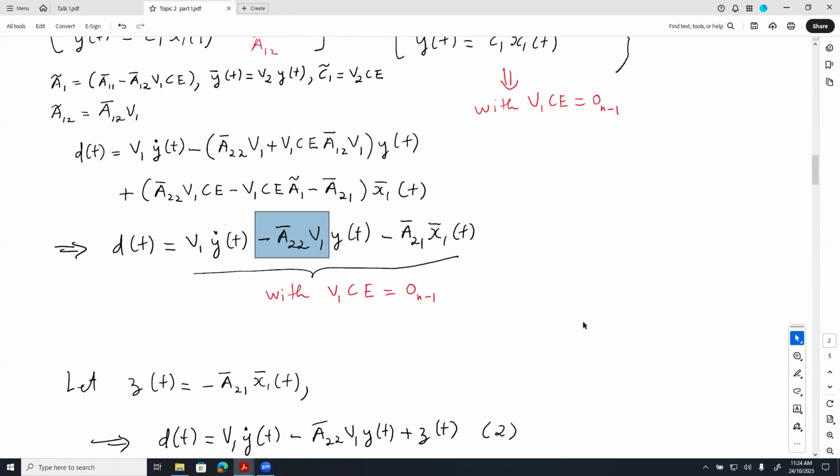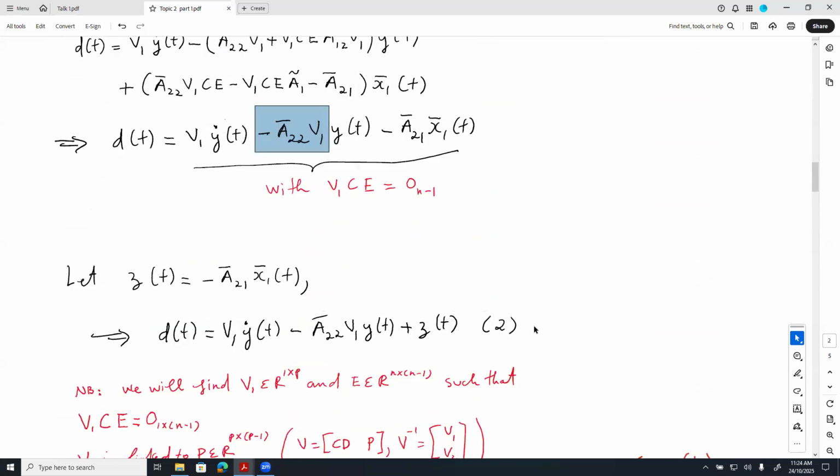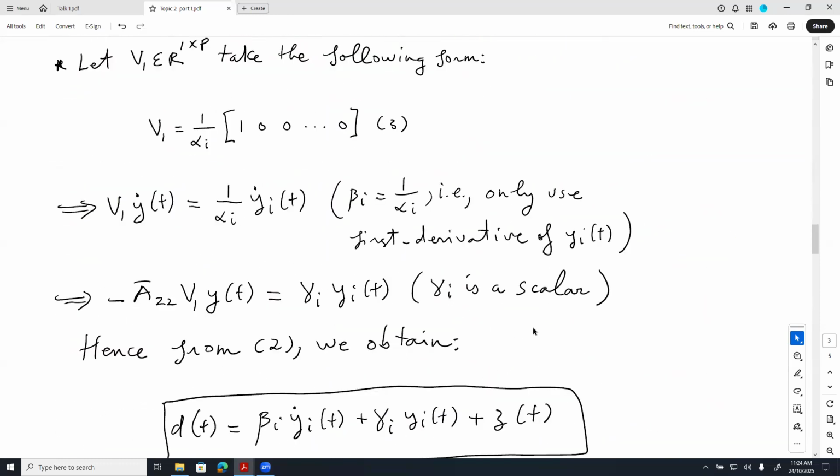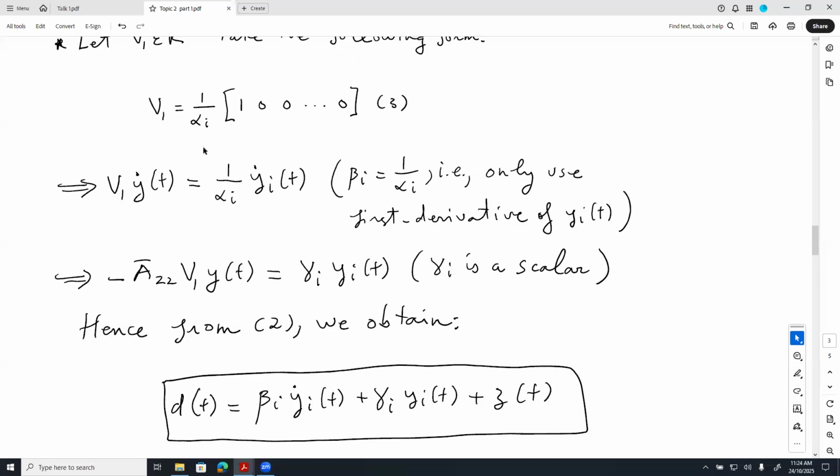And when we have the structure of V1 according to 3, which is this form, then that expression is in fact a scalar, because V1 has this special structure.